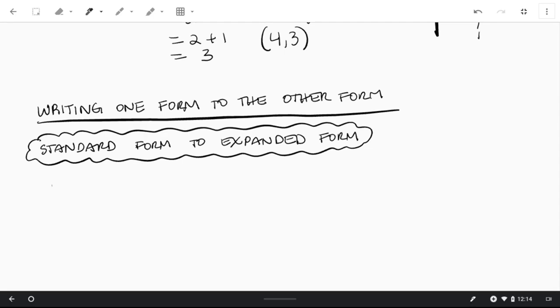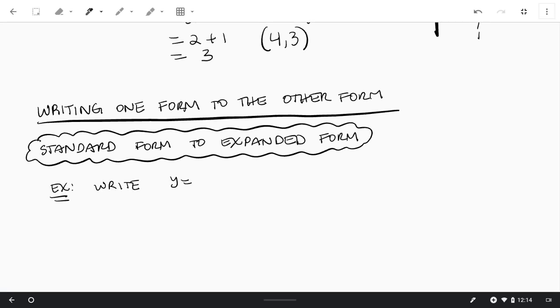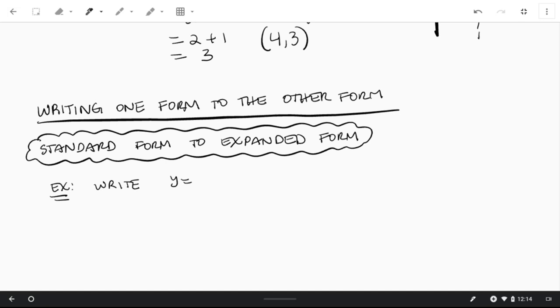So let's go ahead and write y equals 2 times x plus 3 squared minus 1 in expanded form.